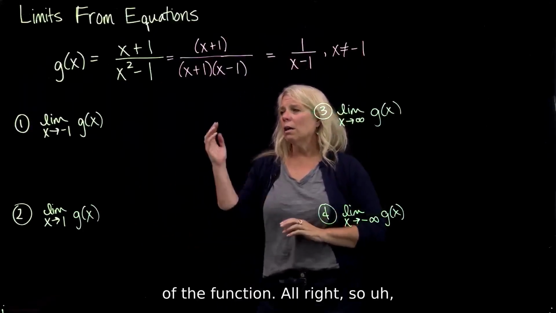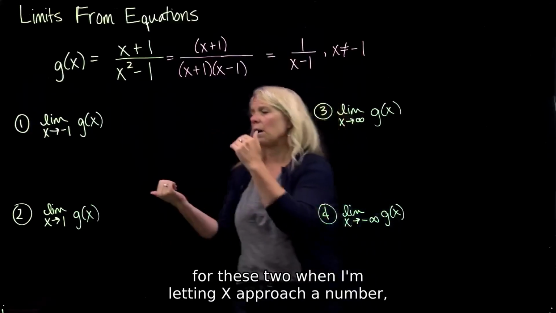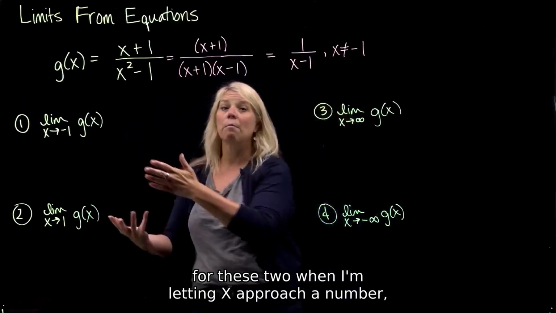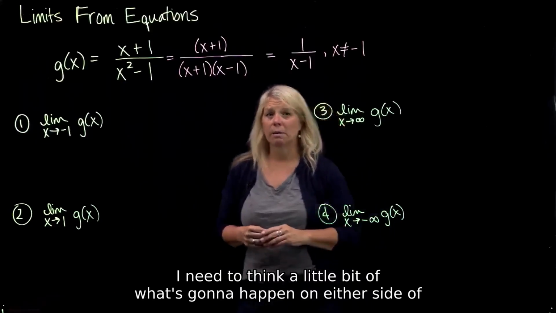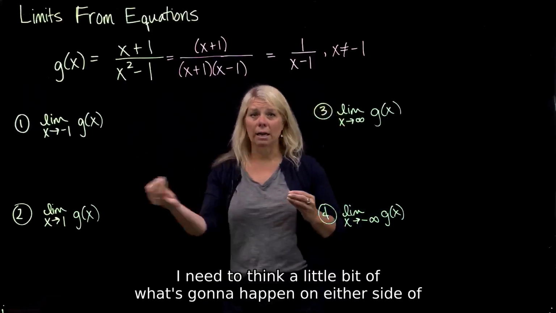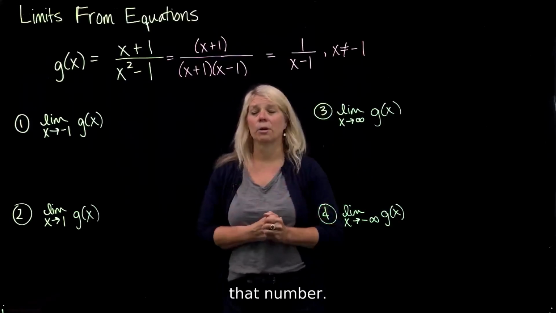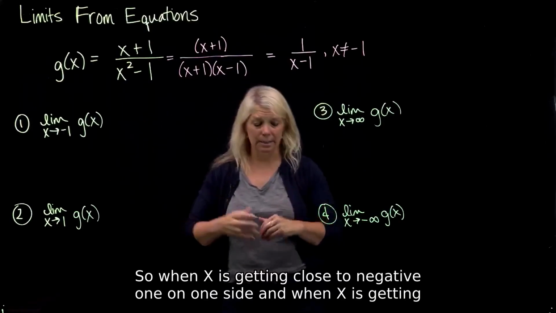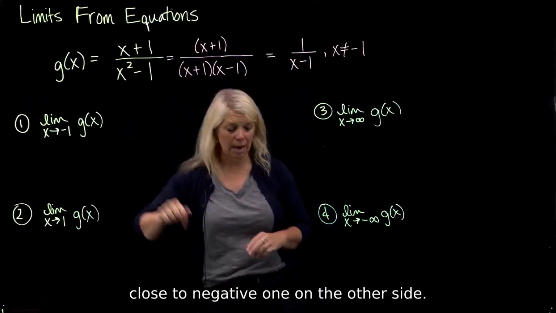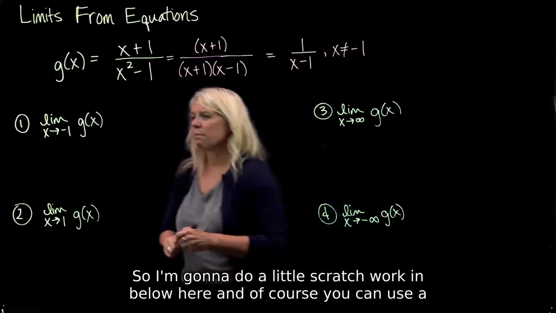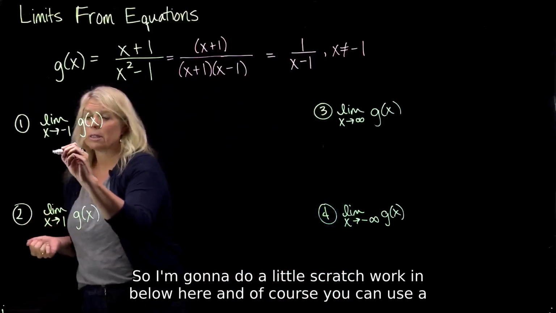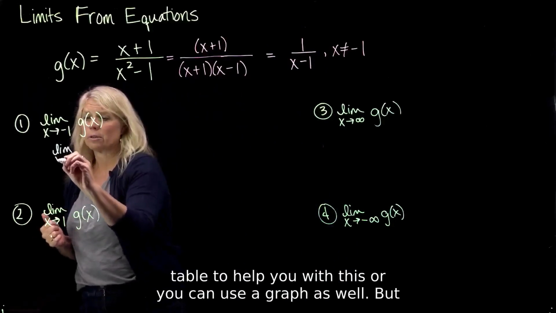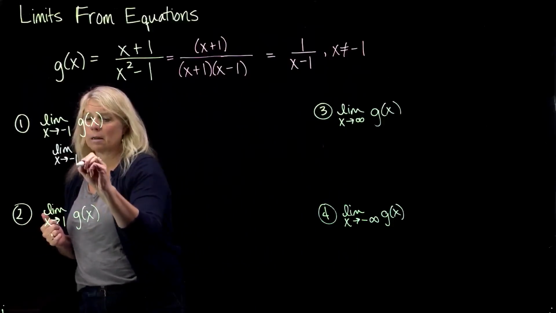All right, so for these two, when I'm letting x approach a number, I need to think a little bit about what's going to happen on either side of that number. So when x is getting close to -1 on one side and when x is getting close to -1 on the other side. So I'm going to do a little scratch work in below here. And of course, you can use a table to help you with this, or you can use a graph as well.